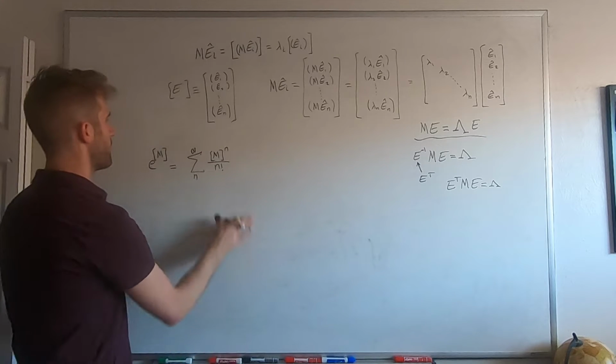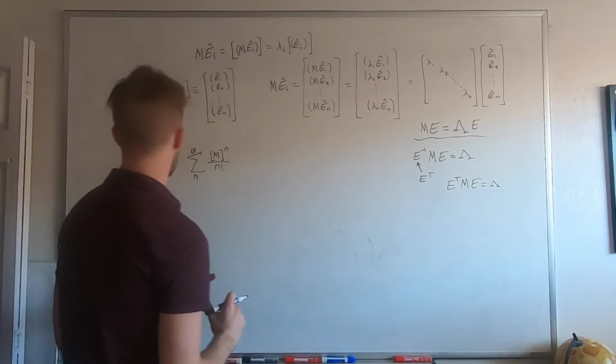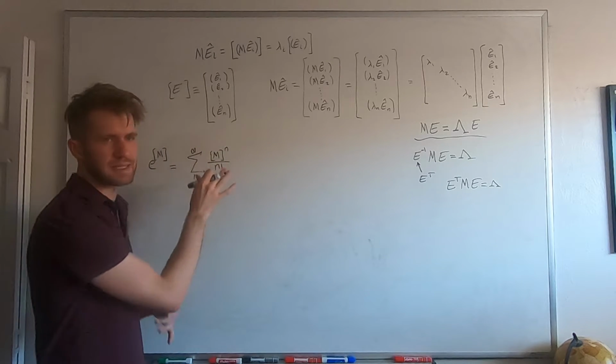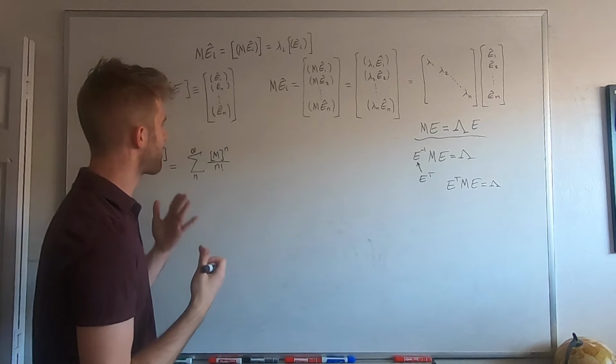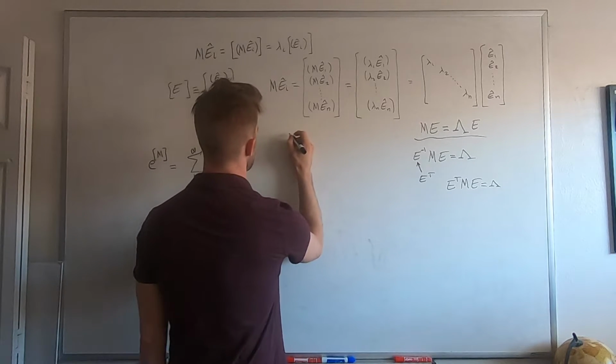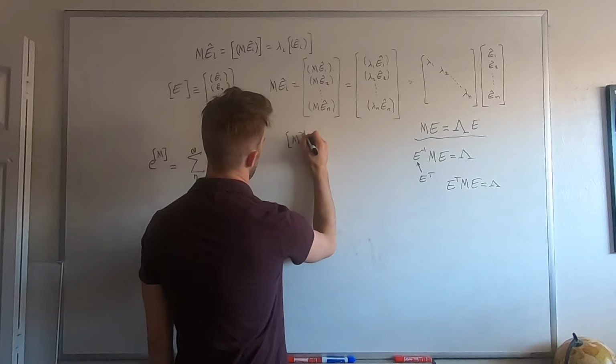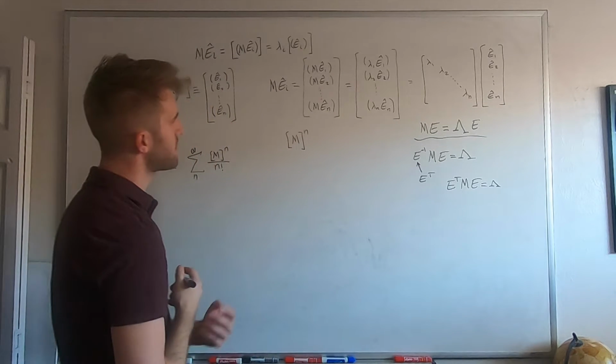All right, so here now we have something we can work with. Let's isolate this m matrix to the nth power and see what we can do with that. Say we have m to the n. How can we define this?